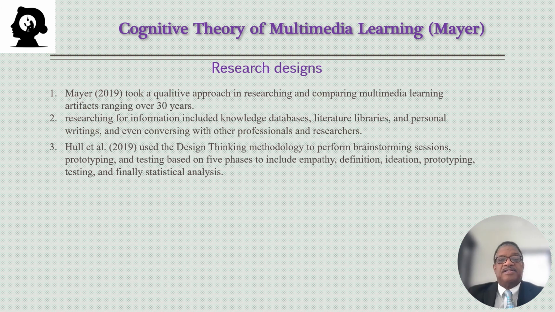Hull and his team used the design thinking methodology to perform brainstorming sessions, prototyping, and testing based on 5 phases to include empathy, definition, ideation, prototyping, testing, and finally, a statistical analysis.